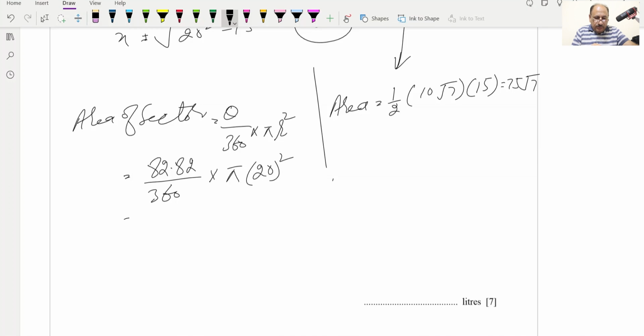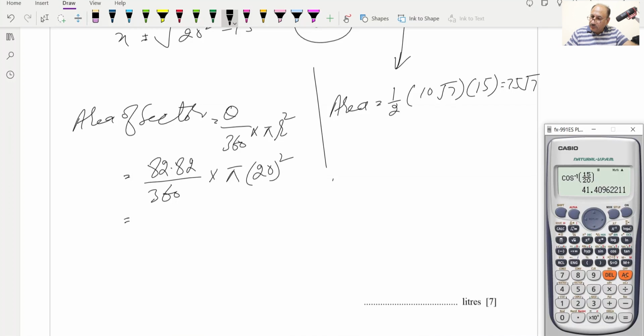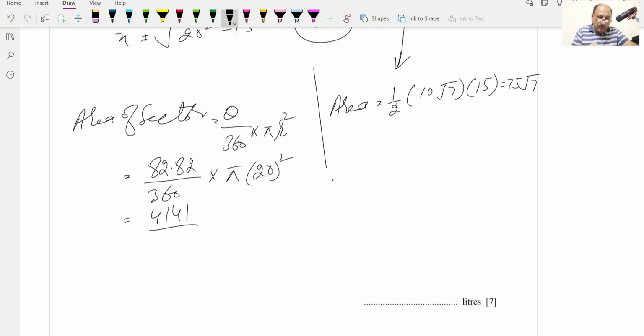We can calculate these values, and this will be equal to 4141 over 45 pi. This is the area of the sector.